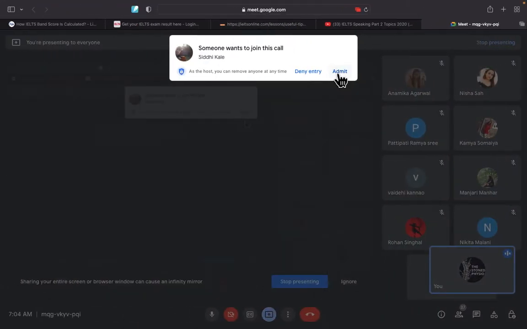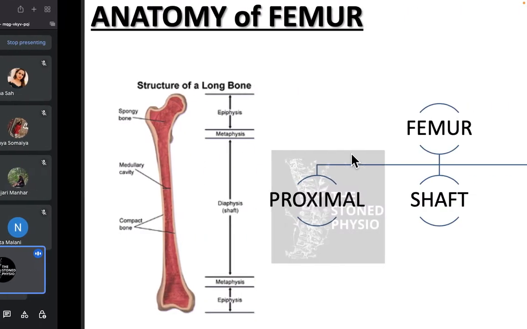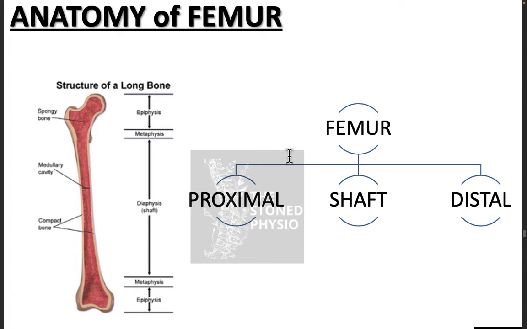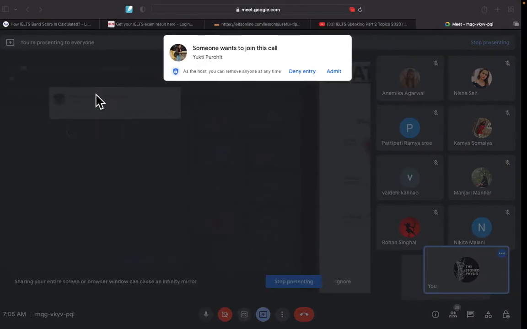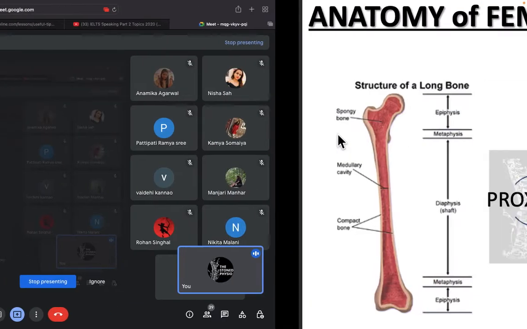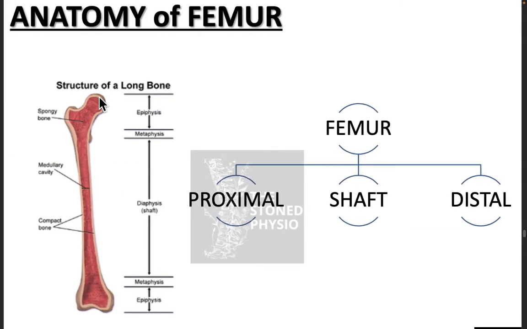First of all, we will talk about this in orthopedics in detail, like the epiphysis, the metaphysis, and the diaphysis of a bone, what these parts of a long bone are, and what their functions are. But superficially here we can see that the epiphyseal region is the part which articulates with another bone. If we talk about the femur, the proximal and the distal parts of the femur articulate with another bone.